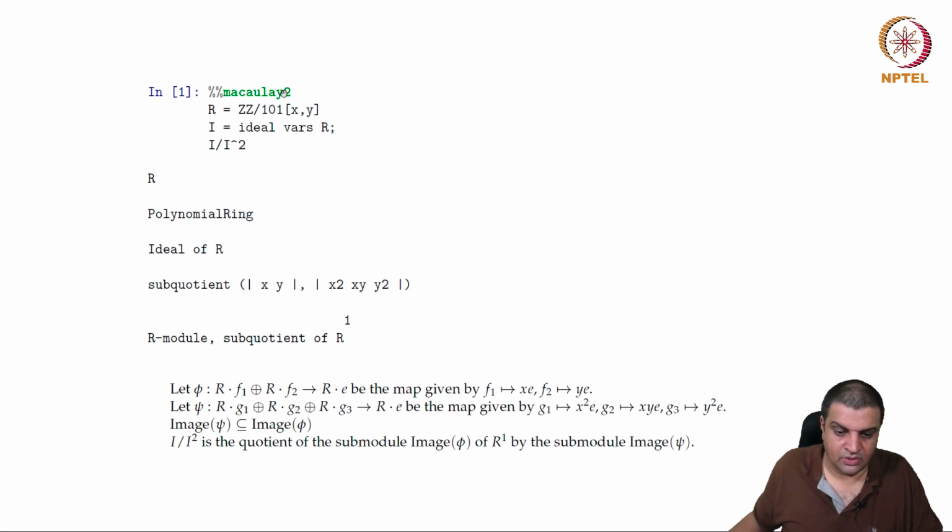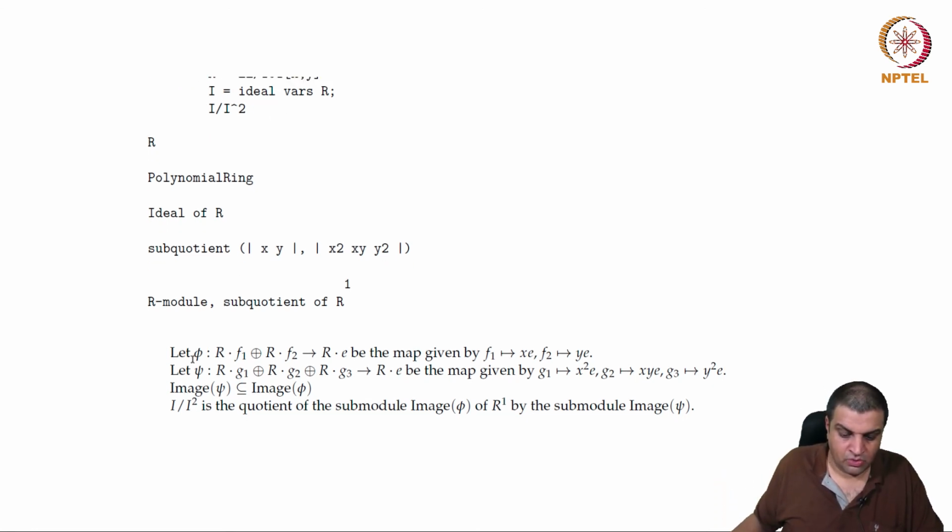Here just again ignore this line, and so R is just a polynomial ring in two variables. I is the ideal generated by the variables. Then we ask I mod I squared. I mod I squared is not an ideal. So it is written as sub-quotient, and it's given two matrices, and it says R module sub-quotients of R1. So what exactly does that mean?